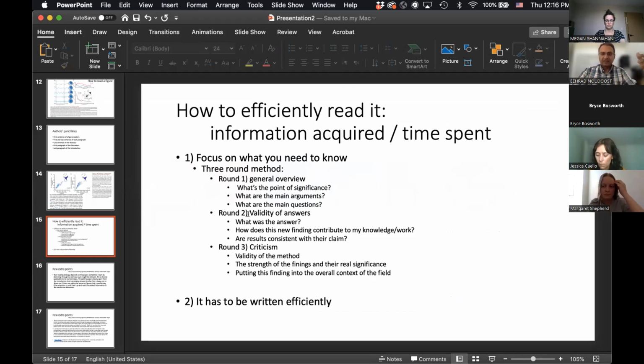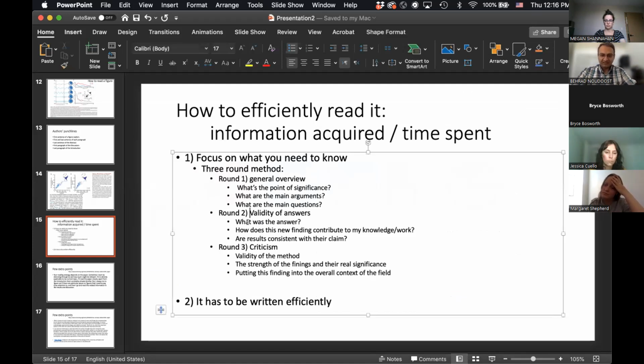Then for the validity of answers, you need to get into more details. You need to read their figures, read their description of their figures in the results section, how these findings contribute to our knowledge. All these things take another round of reading, more than that first round of 15 minutes.